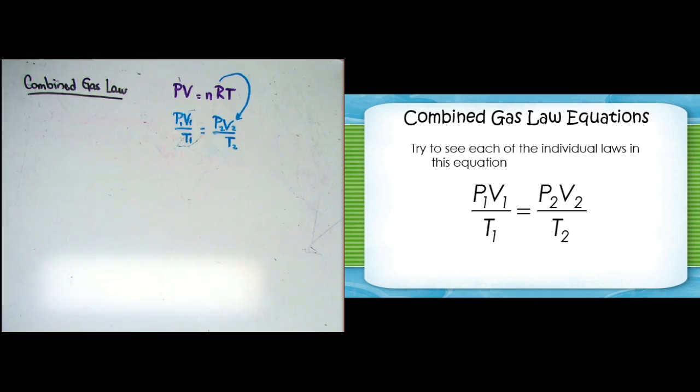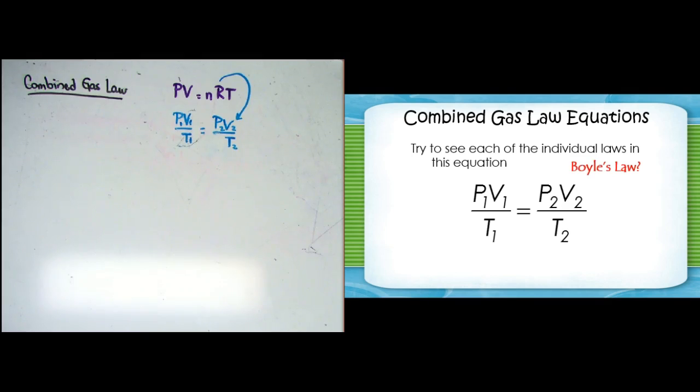I'd love for you to pause this and see if you can find Boyle's law, Charles' law, and Gay-Lussac's law. Obviously I just took out Avogadro because moles isn't there. But see if you can find them within this equation. Right? If you want to do it, pause and come right back. All right, so I don't know if you paused or not, but here we go.